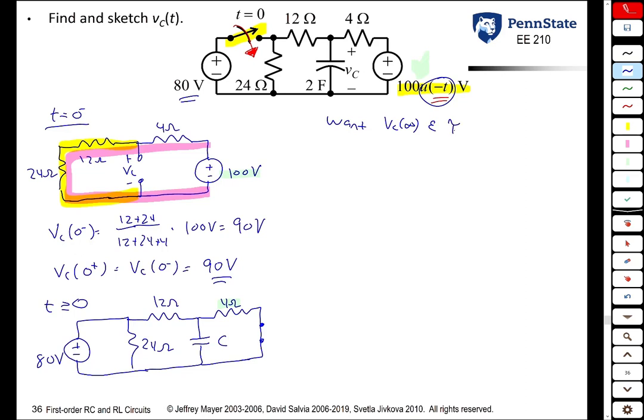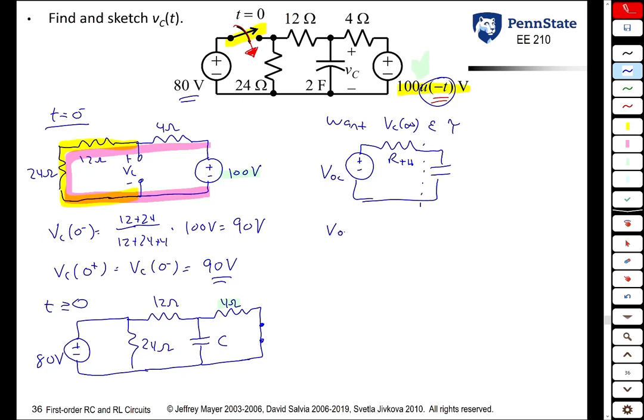There are multiple ways we can do this, but perhaps the easiest way is once again finding the Thevenin equivalent as seen by the capacitor. In other words, find VOC and R Thevenin as seen by the capacitor.